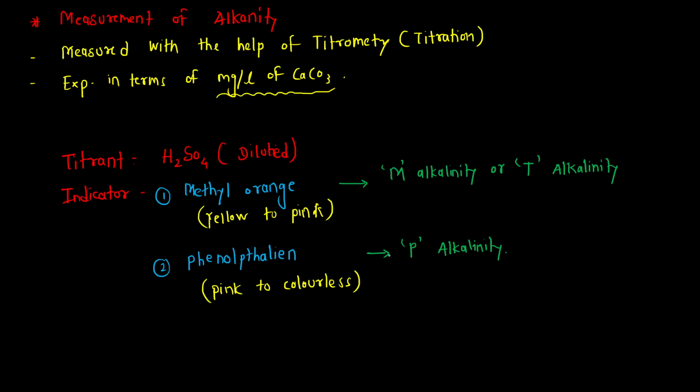The P stands for phenolphthalein alkalinity, and the M stands for methyl orange alkalinity. So M alkalinity and T alkalinity are the same. Based on this P value and T value, we can estimate the concentration of hydroxide ions, carbonate ions and bicarbonate ions.